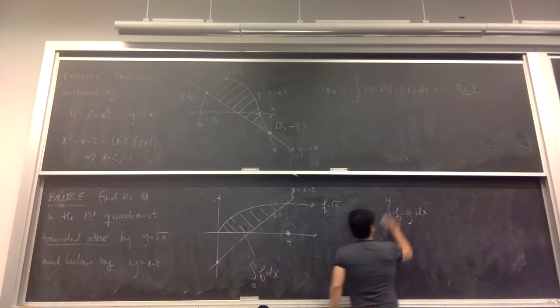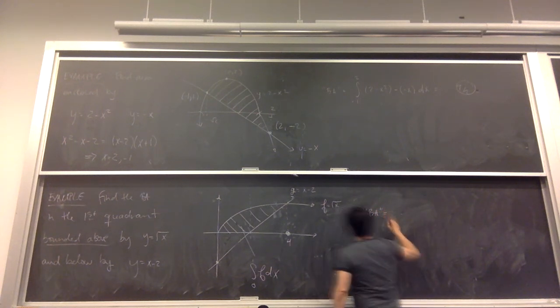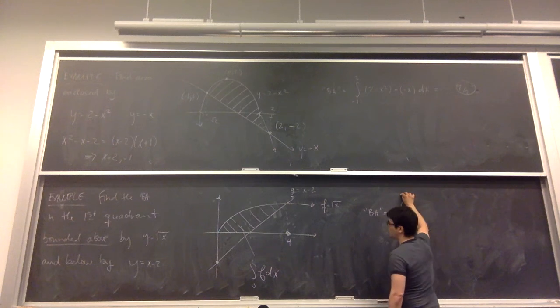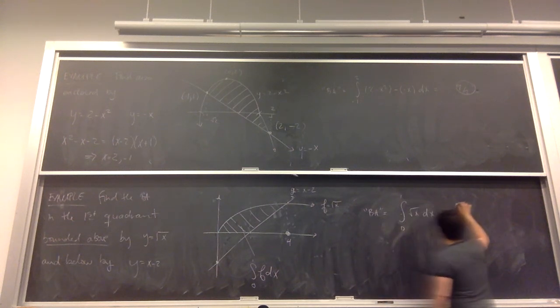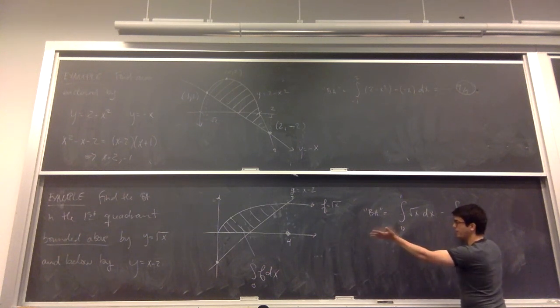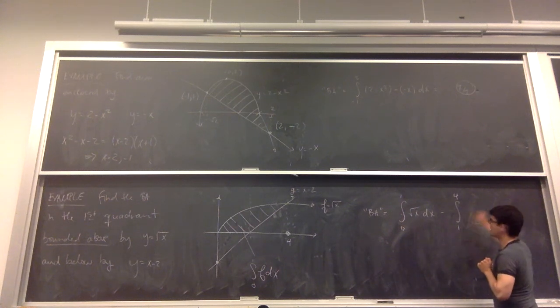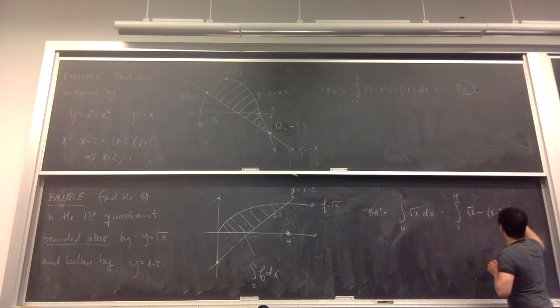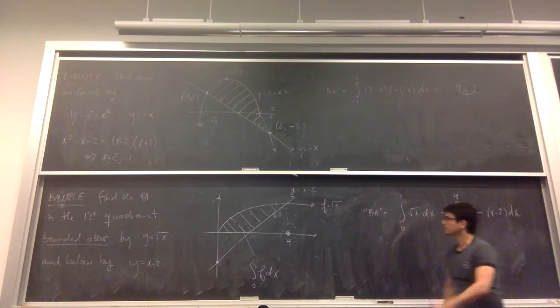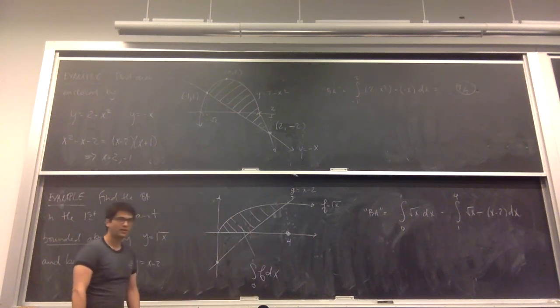So an integral for the bounded area here could be the integral from 0 to 1 of root x dx minus the integral of 1 to 4 of the difference of the top minus bottom. Top minus bottom. You can work that out at home.